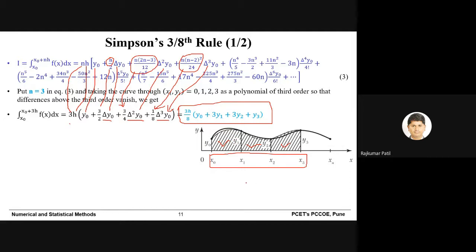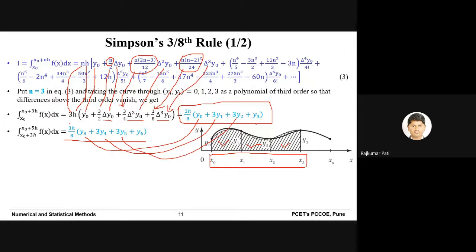So in next step, what we do, we consider x3, x4, x5 and x6, and for that we calculate the area, and that area will be given as 3h by 8 into bracket y3 plus 3y4 plus 3y5 plus y6.